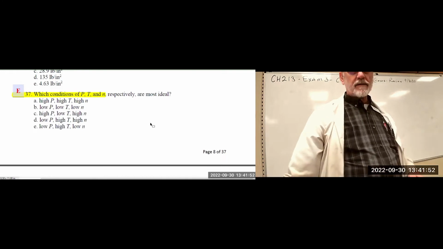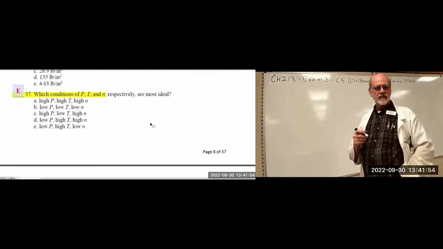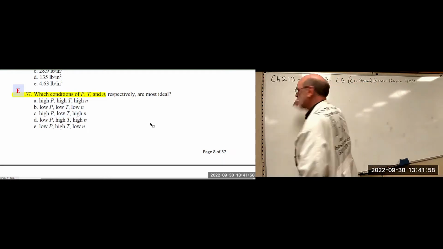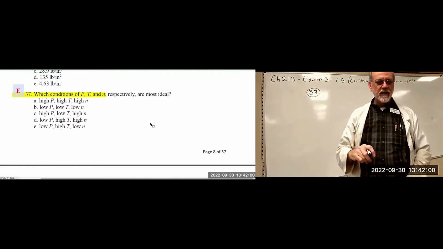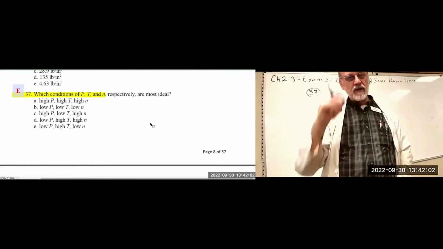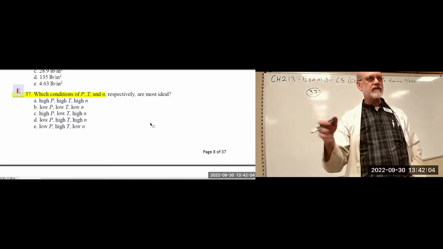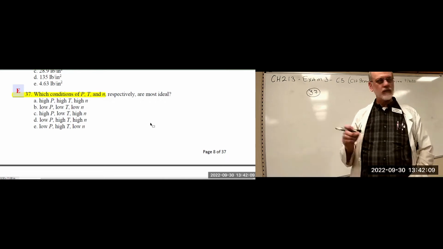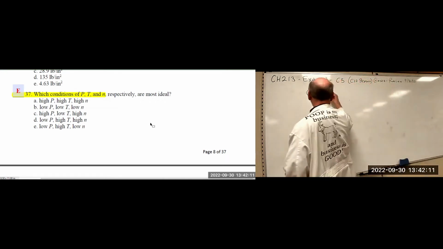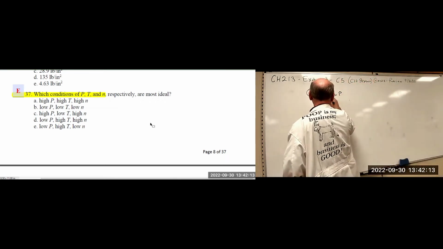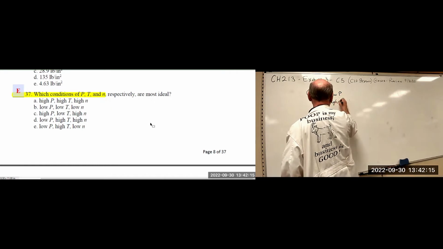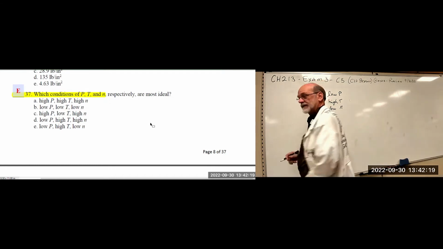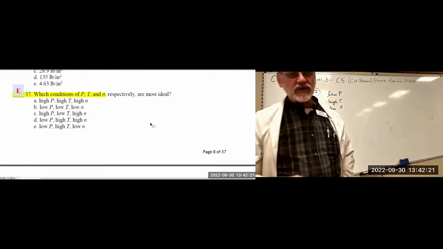All right, this is memory work. 37. Under what conditions of pressure, temperature, and moles is the gas behaving most ideally? Remember? Low pressure, high temperature, and low moles. That will give you ideal gas behavior.